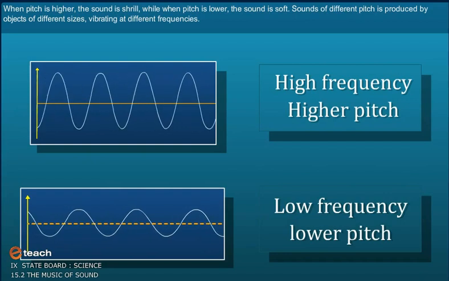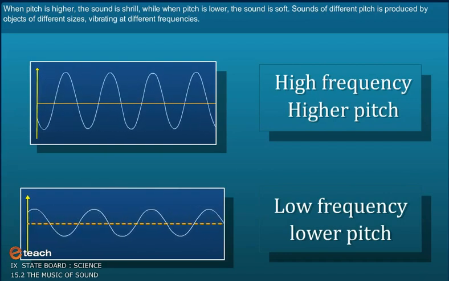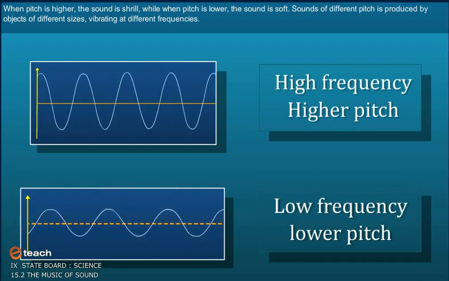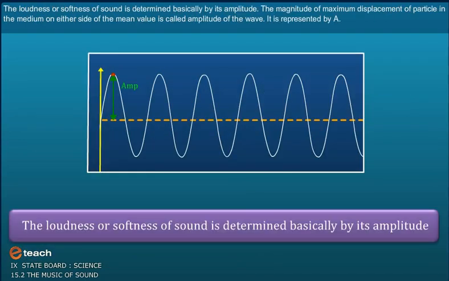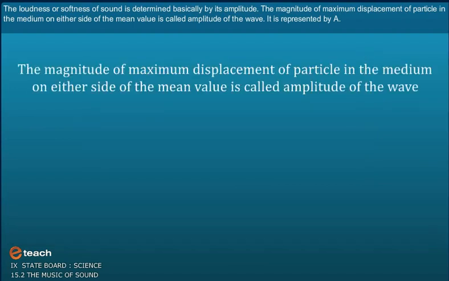Sounds of different pitch is produced by objects of different sizes vibrating at different frequencies. The loudness or softness of sound is determined basically by its amplitude. The magnitude of maximum displacement of particle in the medium on either side of the mean value is called amplitude of the wave.